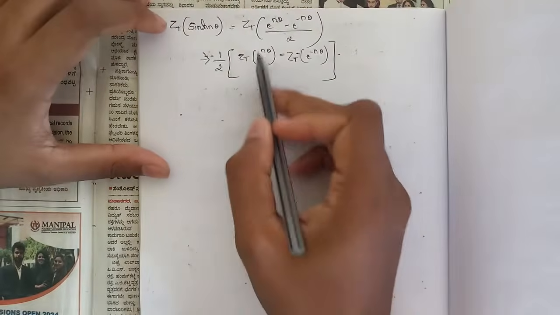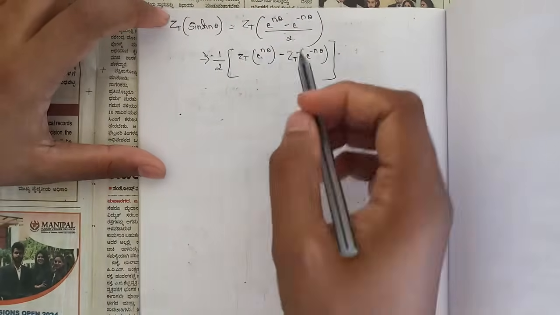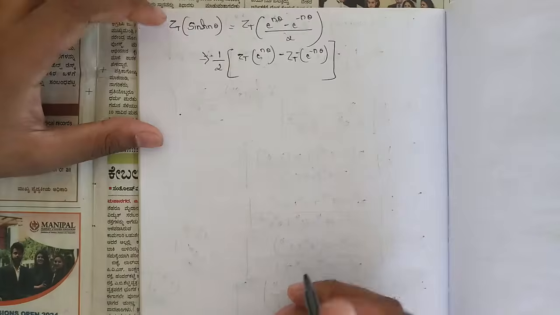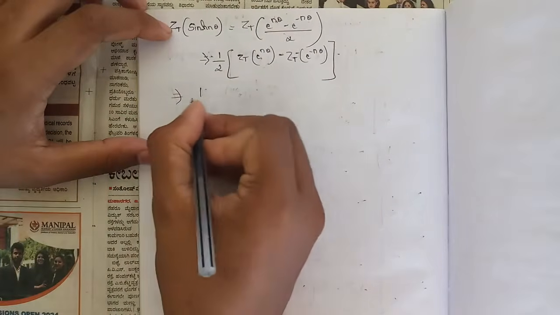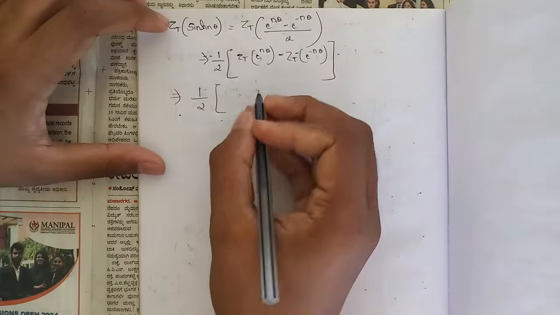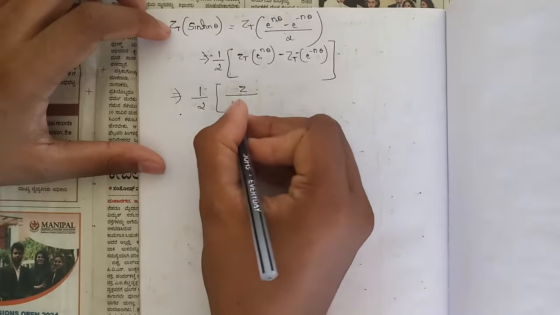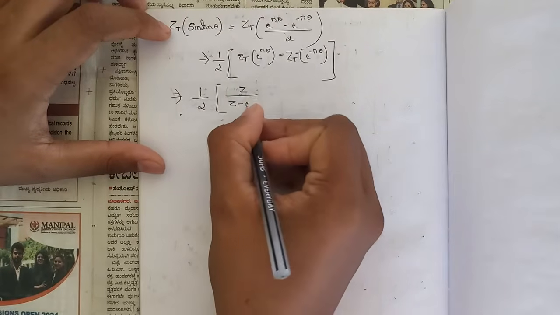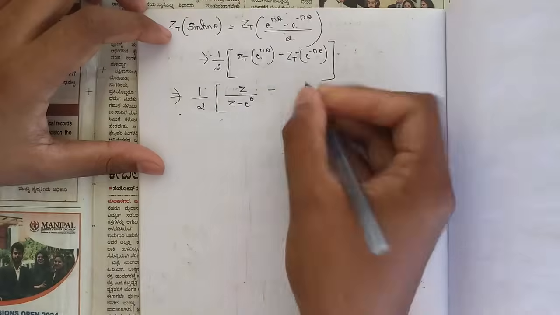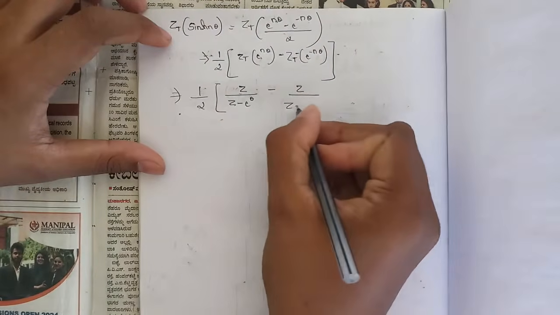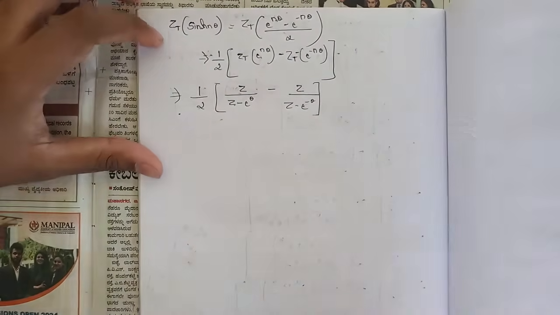So now again we need to use the Z transform of e power an, where in place of a there is theta. So the same thing we are going to do again. We are going to get z divided by z minus e power theta, now minus z divided by z minus e power minus theta.